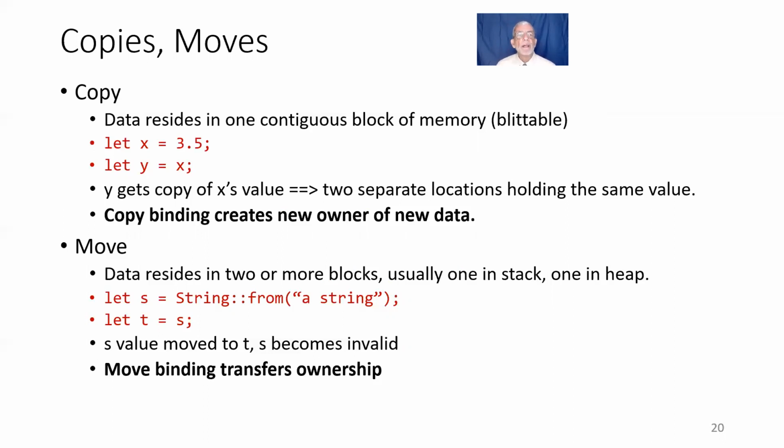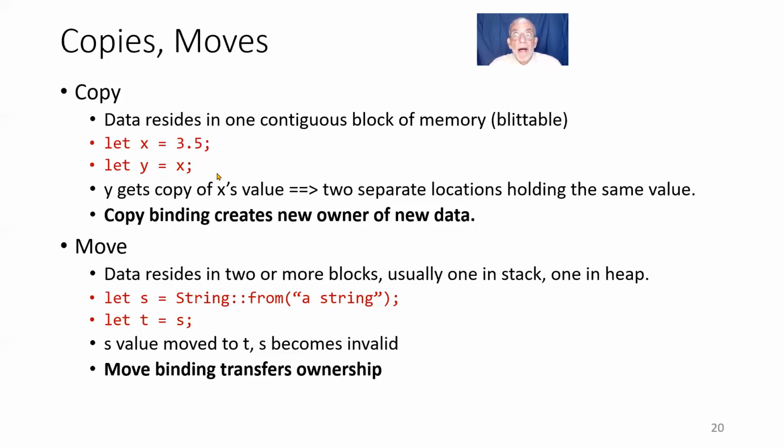So if the data resides in one contiguous block of memory, then it's copyable, and we say it has a Copy attribute. So here, let x equal 3.5, that's a floating point number, that's blittable. So I can make a copy. let y equal x makes a copy of that value. So I've got two variables, but they're not bound to the same value.